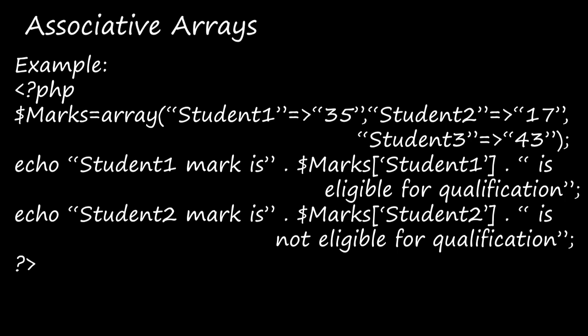Student 1, 35. Student 2, 17, equal to greater than 35. That is, they have given the marks and the values inside the bracket, and the key is given in the initial position.